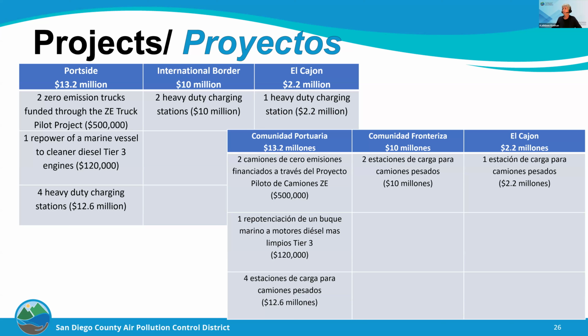So in total, we're looking at providing about $25.5 million for projects to either buy zero emission equipment or help fund infrastructure to make that zero emission equipment possible to use in these communities.